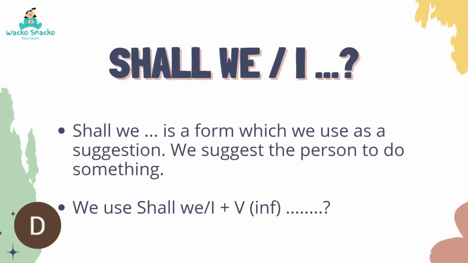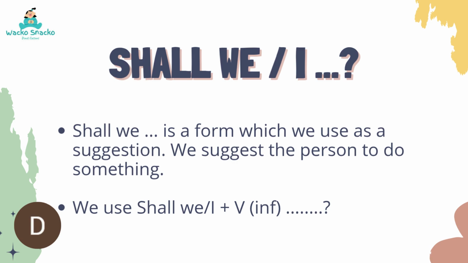How about "shall we"? Okay, "shall we" is a form which we use as a suggestion. We suggest that the person do something. Also, we use "shall we" or "shall I" plus the verb in the infinitive form. So the verb that comes after "shall we" comes in the infinitive form.